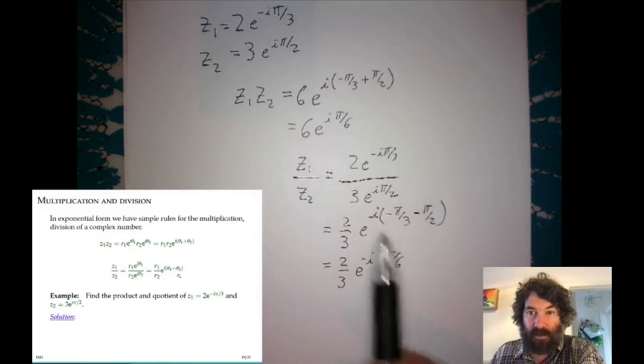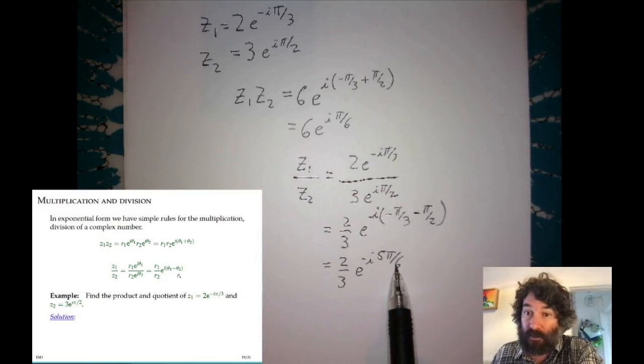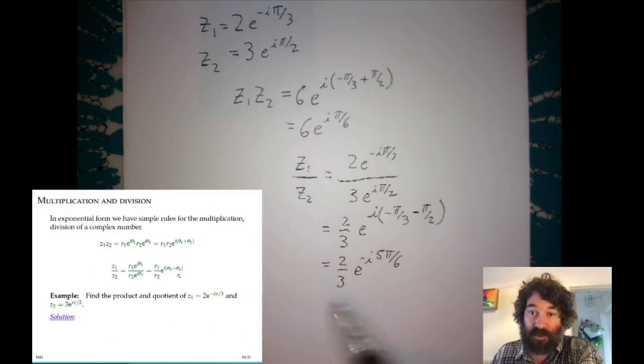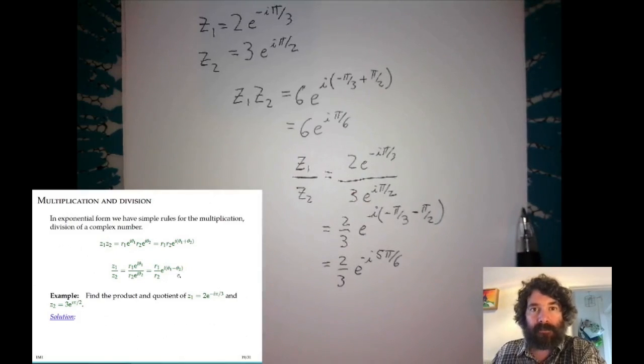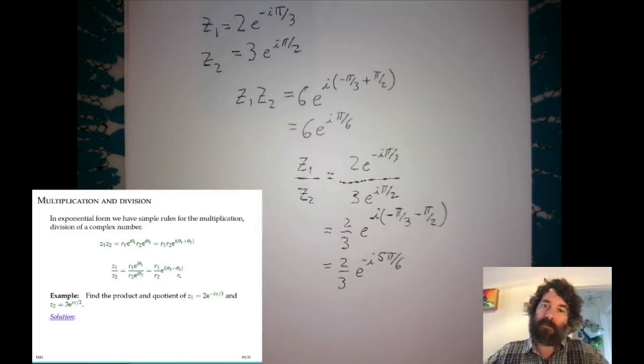All right, so the modulus of this quotient is 2/3, and the argument is negative 5 pi over 6. That's between negative pi and pi. So this is how we can use the exponential form to multiply and divide complex numbers.